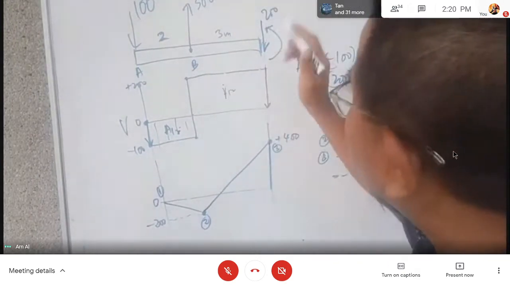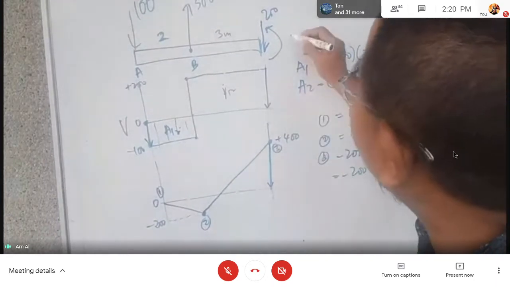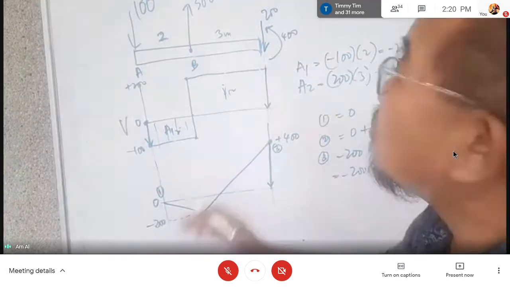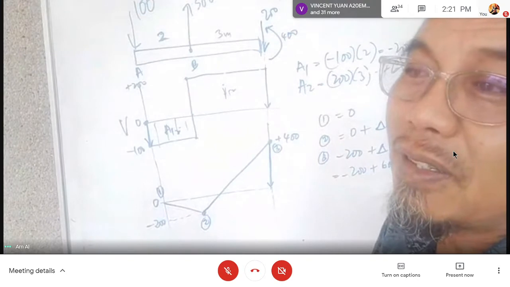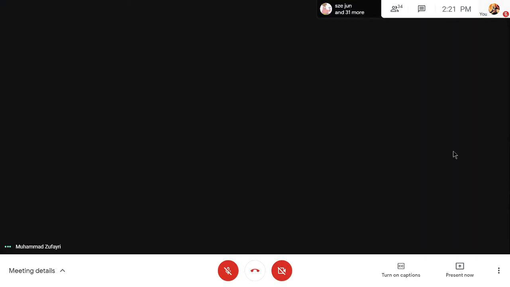Positive is up, so this goes down. So the value here must be 400. So you can find the reaction by this graph. Are you with me, guys? Yes, betul.